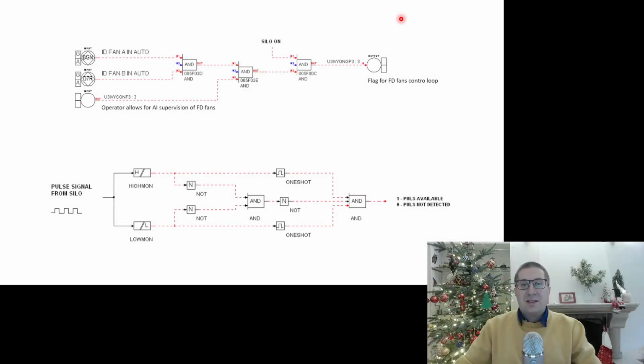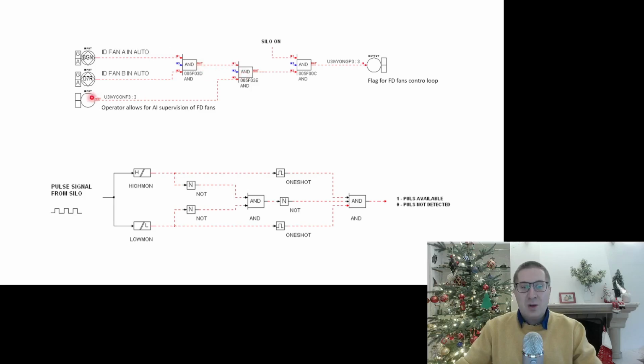I also like to extend this architecture a bit. I recommend you to give the operator the possibility to decide which devices should be operated by the AI method. For instance, if we are controlling forced draft fans in the power plant, first of all, we have to check if the manual auto stations associated with those devices are in automatic mode.